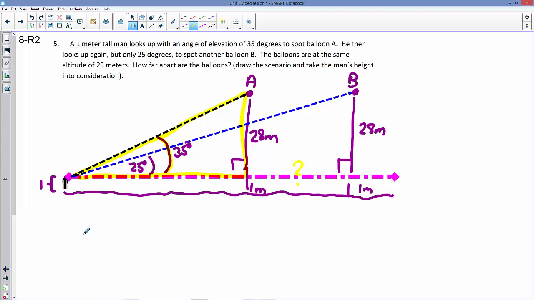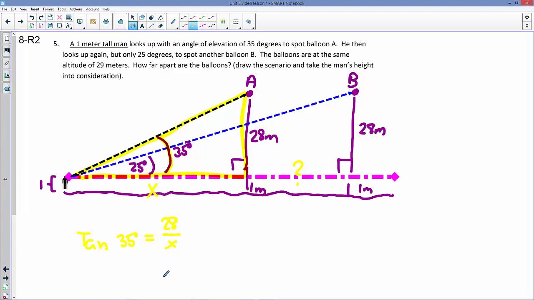So I'm going to use tangent. Tangent of 25 is equal to the opposite. I'm sorry, I messed up. We're doing the bigger triangle. Apologies. Tangent of 35 degrees, so you have to stay in the yellow highlighted triangle, equals the opposite over the adjacent. We'll call this x down here.